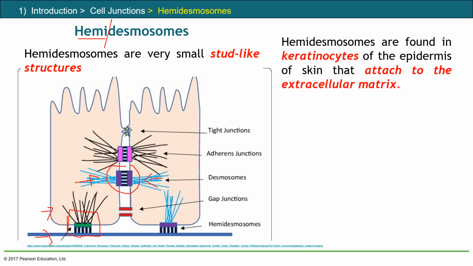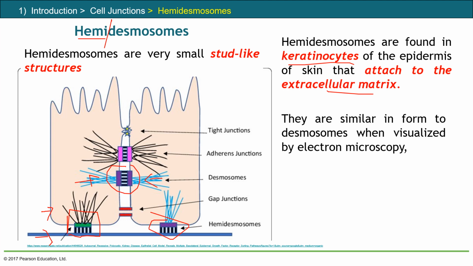This strong support is found in keratinocytes, which we will talk more about in the following lecture on the integumentary system, the skin. In the skin, it is very important to attach the epithelia to the extracellular matrix, as is shown here.